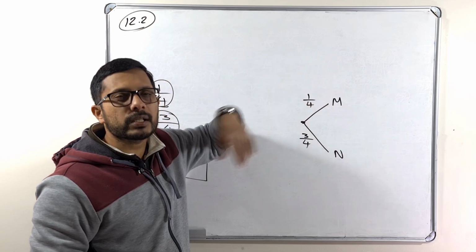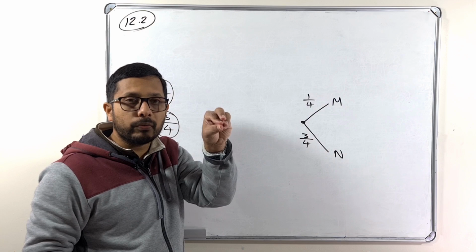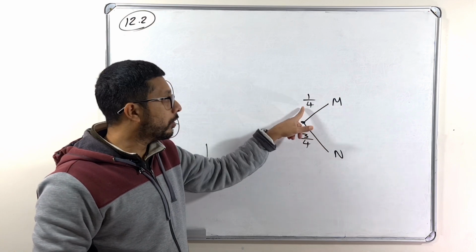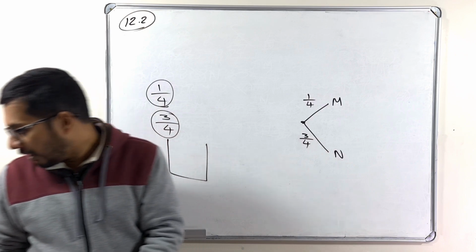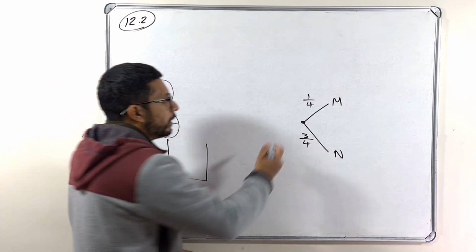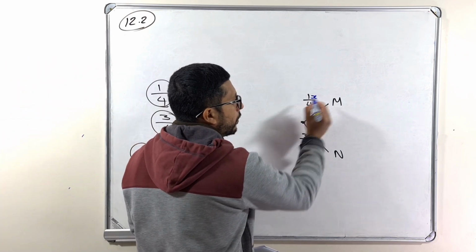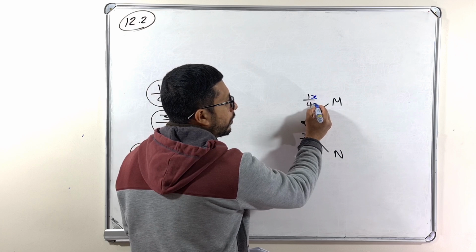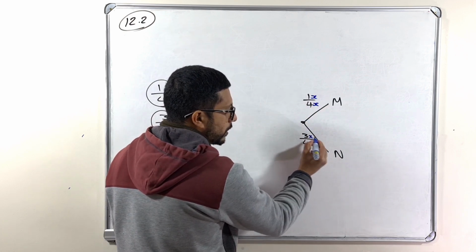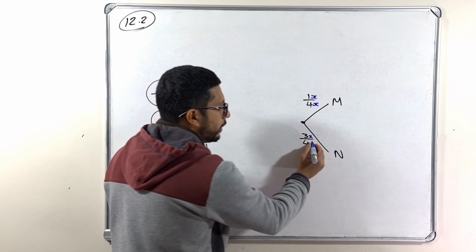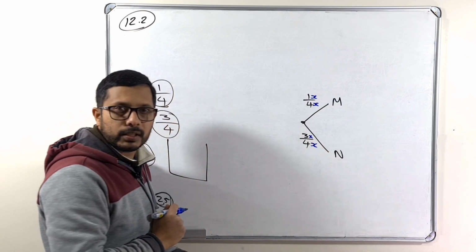Since we don't know the correct number of mystery boxes and the total number of boxes, we say the number of mystery boxes is x, then the total is 4x. The number of normal boxes is 3x and the total is 4x.